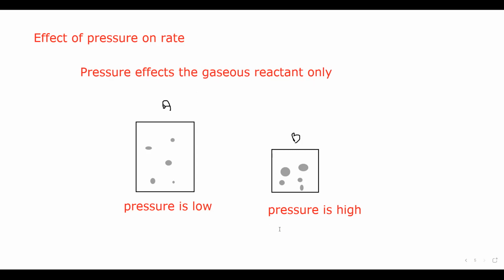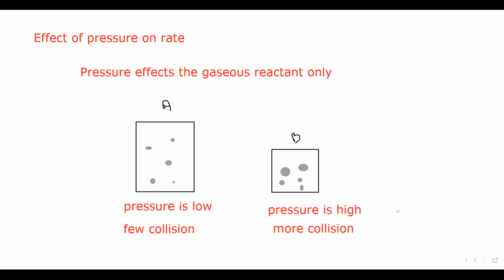Which one has more collisions? Because it's a small volume and more particles, the particles are closer, so they will have more collisions here, and here the particles will have few collisions. So greater the number of collisions, greater the rate of the reaction. So high pressure, the reaction will be faster as compared to low pressure.